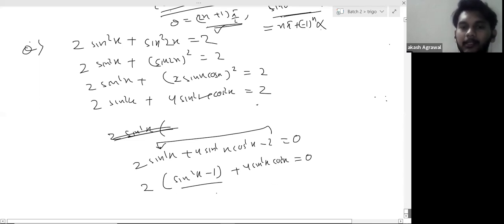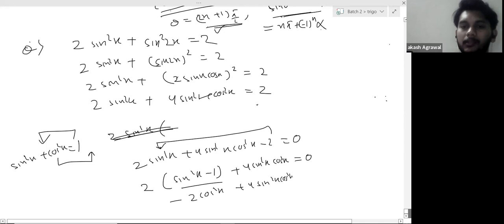Now sin²x minus 1, we can write as minus cos²x, using this formula. So minus 2 cos²x plus 4 sin²x cos²x is equal to 0.